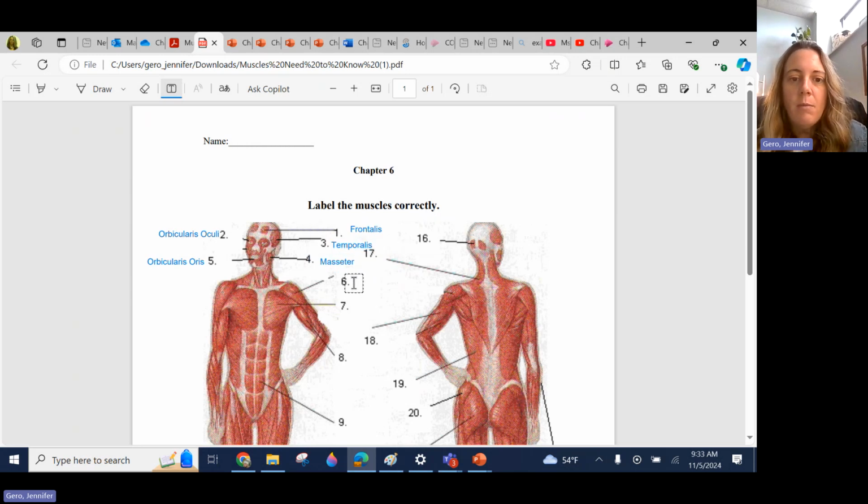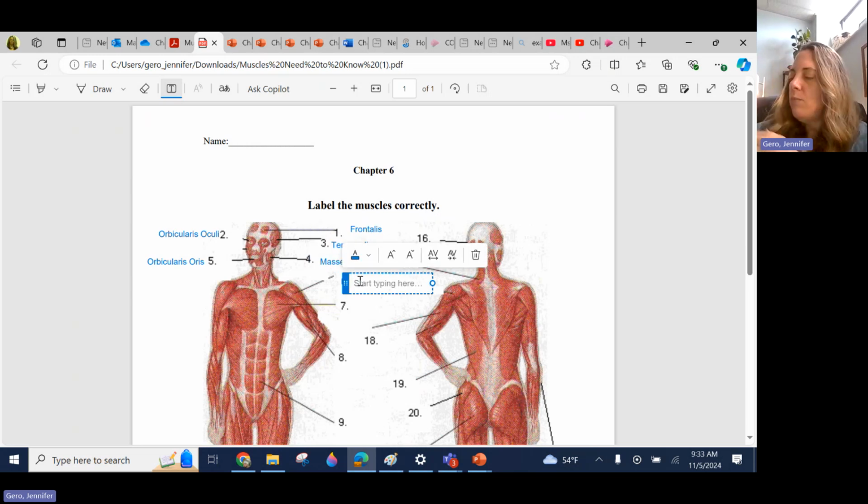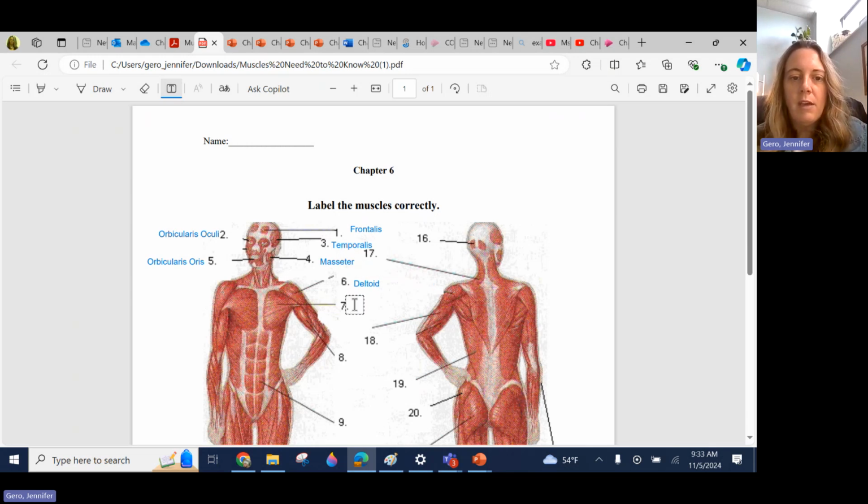Number 6 is pointing to this triangular muscle right here on either side of your shoulders. That is going to be your deltoid. Number 7, all right. Again, you have a lot of chest muscles. We are just going to be looking at the most superficial one, which is the pectoralis major.